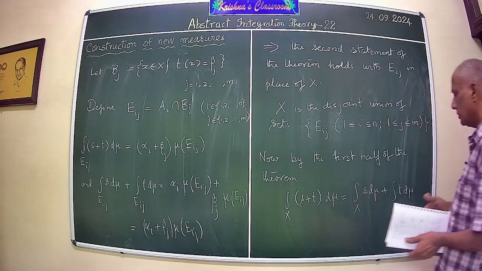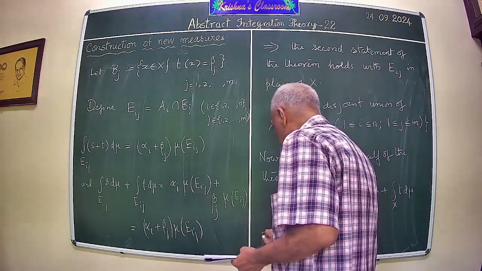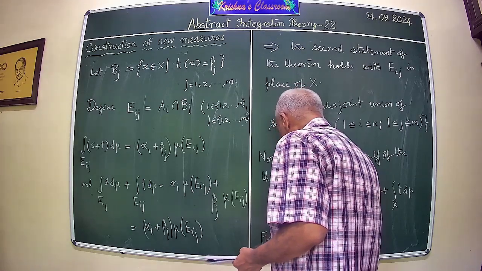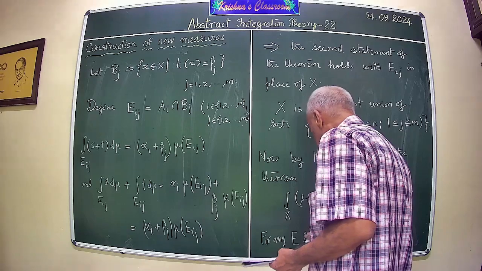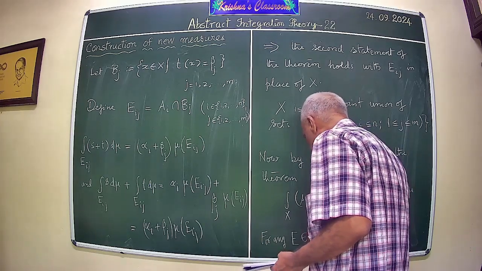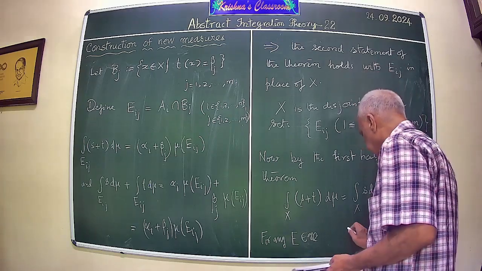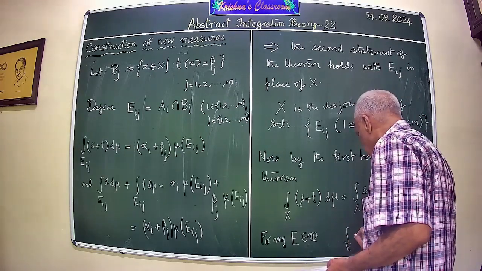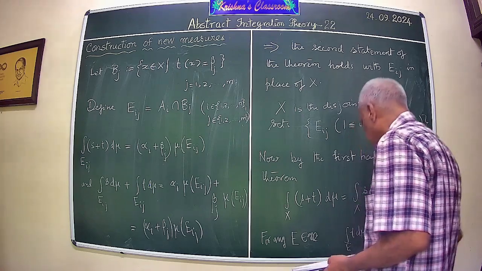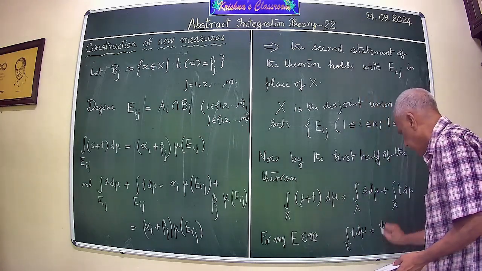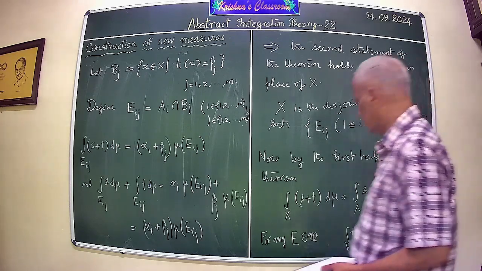or in other words, what you are getting is this: for any E, suppose the integral over E of T d mu is equal to psi of E. This is defined like phi.